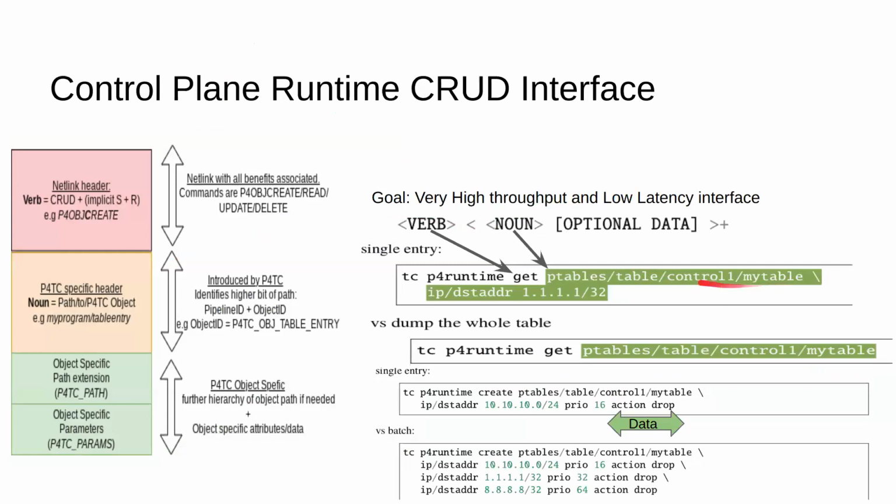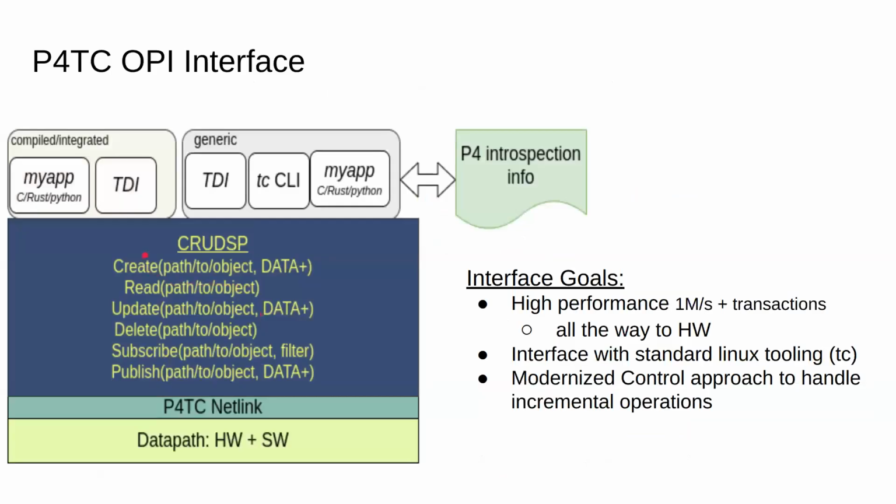So I can specify a table, going all the way from the pipeline, say pipeline number 3, without giving names, names are only for humans, table number 4. Here's a binary blob that the kernel will then verify: is this legit for this specific table? If it is, then we will use it as a key to retrieve the table entry. So the difference, I guess, is the separation of concerns, verbs outside of nouns. That's why it's so easy to have only a few commands instead of many commands.